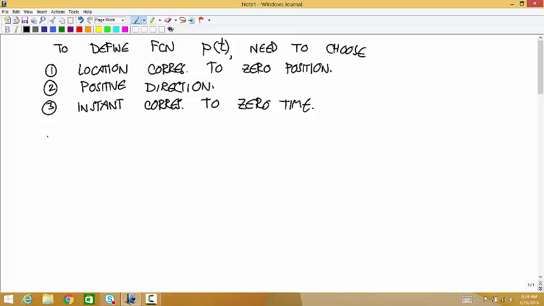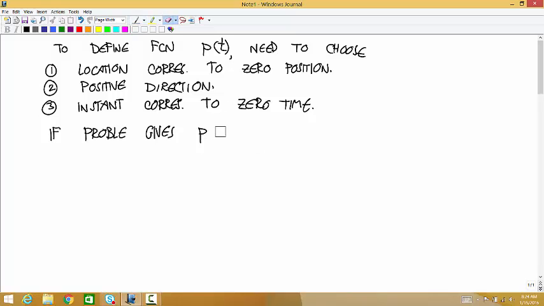If the problem gives p versus t, or equivalently, it could just give a graph of position versus time. Well, sorry, let me write this differently.